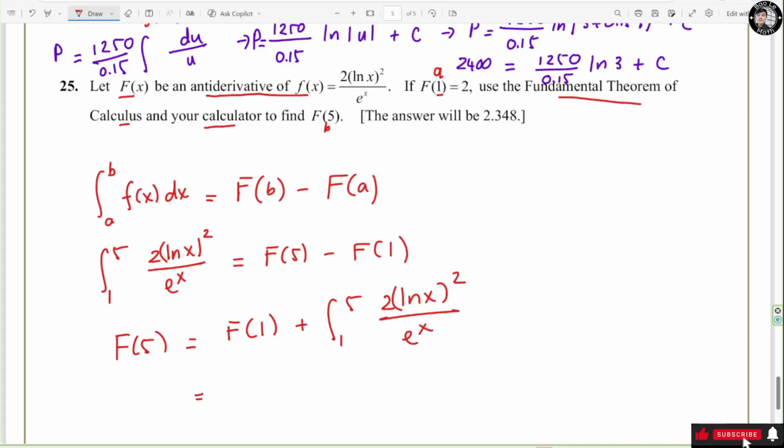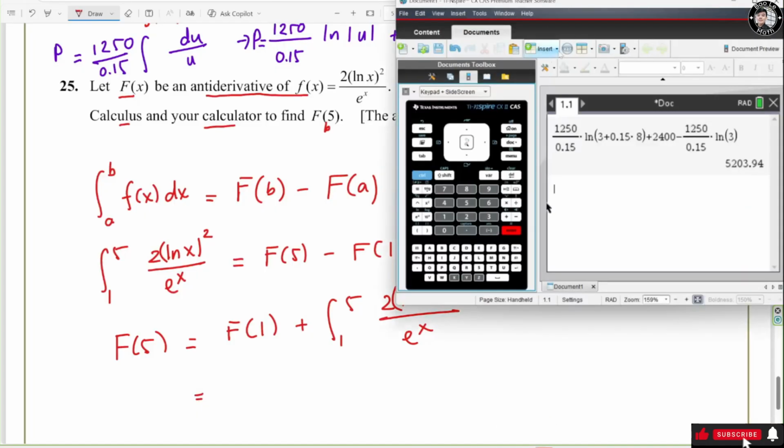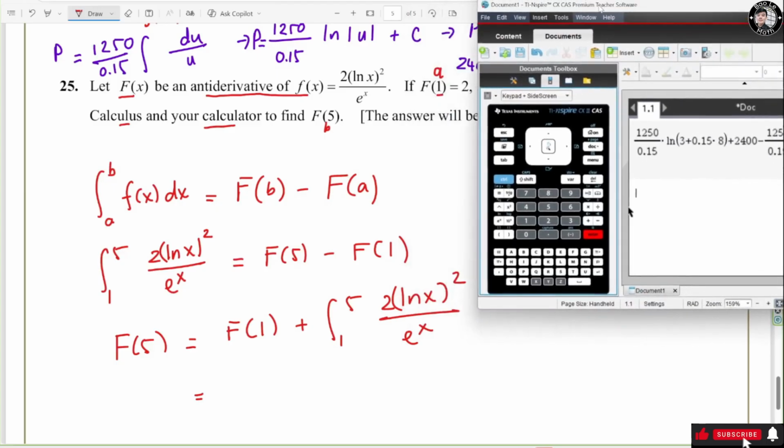So we're going to bring up the calculator. F of 1 is 2, right?